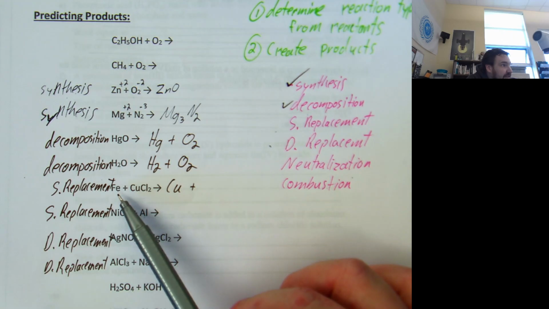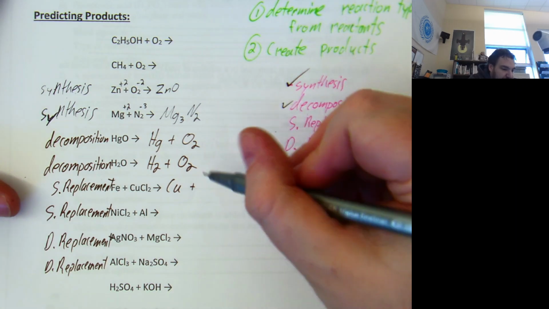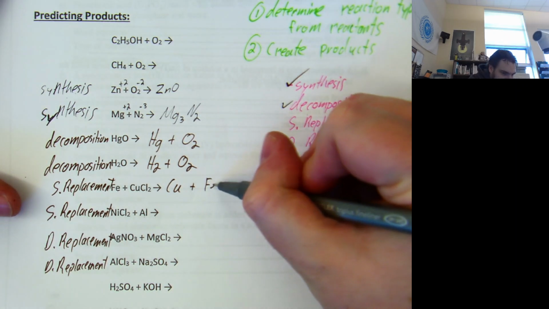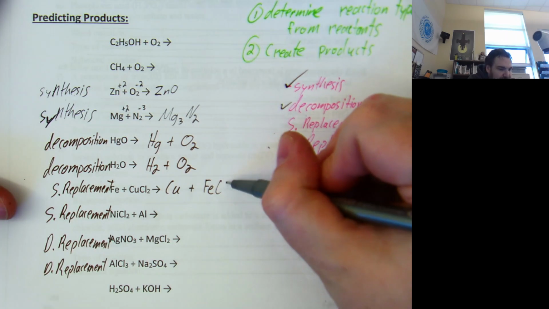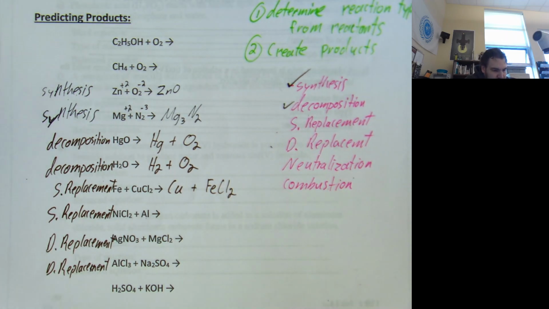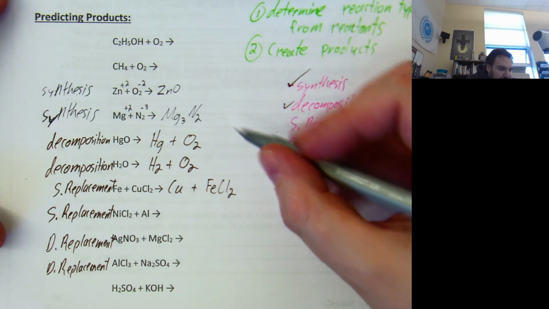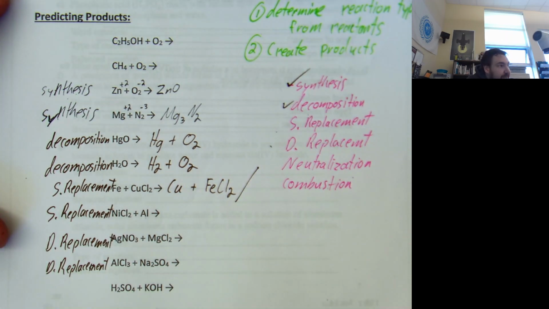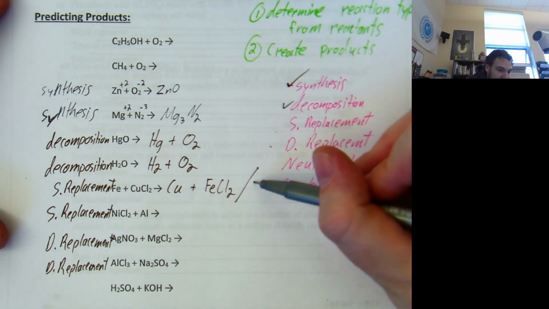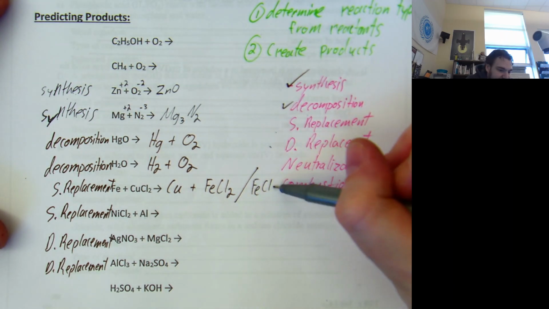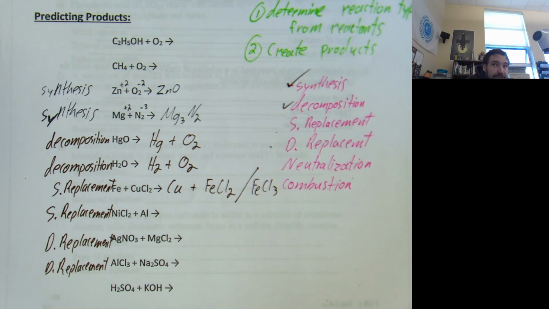Because iron's multivalent, it's either going to be +2 or +3. Let's just use the +2 charge. If we use the +2 charge, then the formula is going to be what? FeCl2. If we use the +3 charge, it would have been? You bet. It's going to be one of those two products.